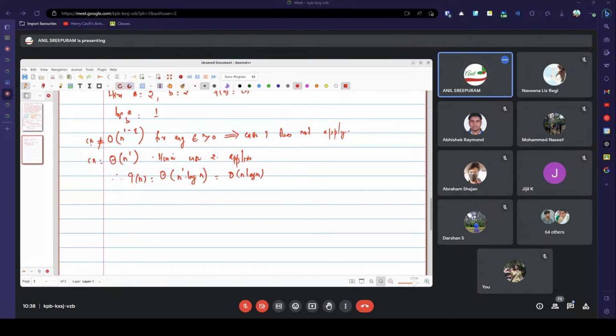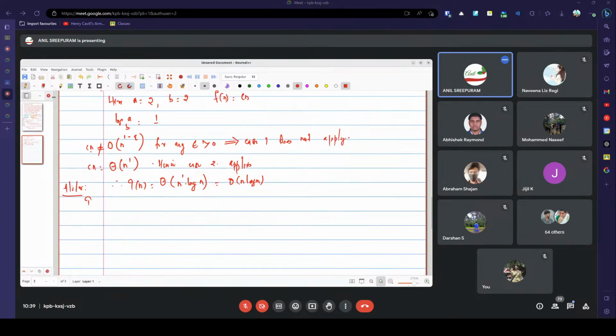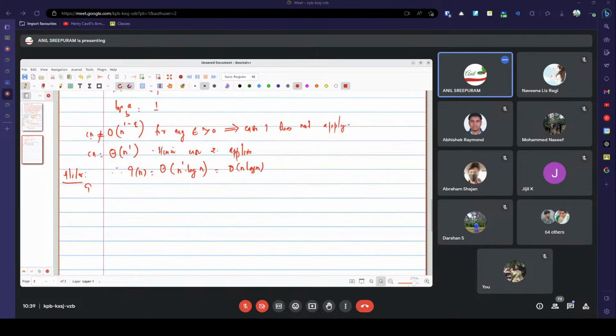T(n) equals 2T(n/2) plus Cn. Now that's equal to 2 into, replacing n by n/2, 2T(n/4) plus Cn/2, plus Cn.